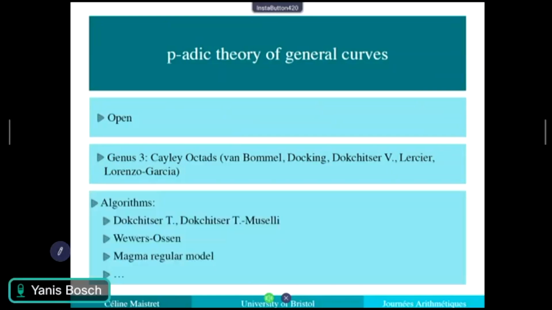I should say that we have quite a few algorithms, nonetheless. For general curves, there have been some work, some a long time ago and some more recently. So Tim Dockschitzer and himself and Muselli, they have some algorithms for general curves with some conditions on the prime, Wevers and Austin as well. And of course, Magma has this implementation of the function regular model, which may or may not give you a regular model.